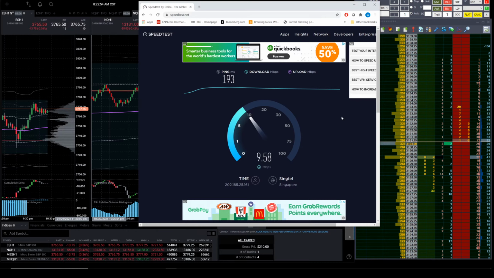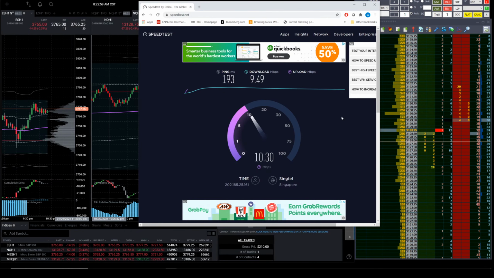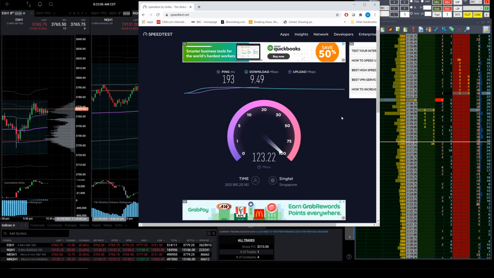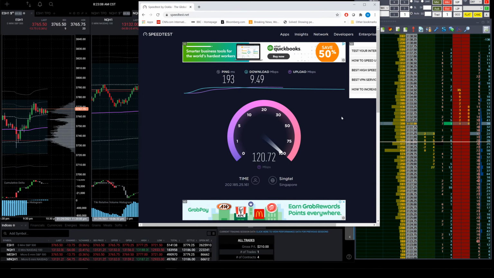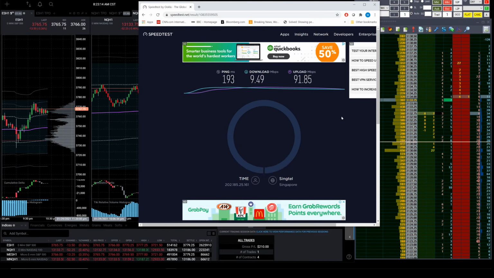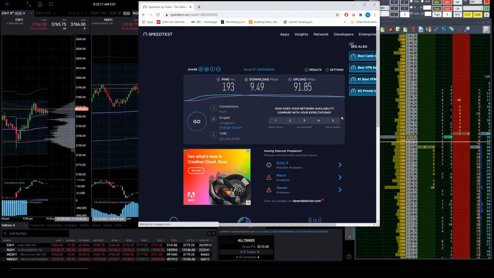This is very slow. We're typically over 100. Yeah, that's a problem with the download speed. That's a big problem. Well, maybe I need to reset my server.